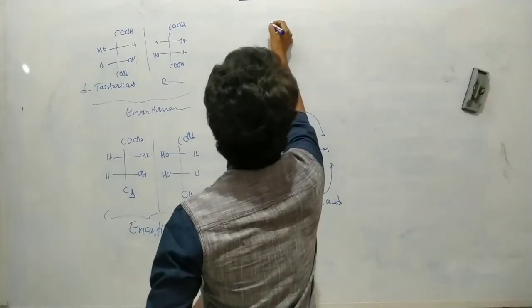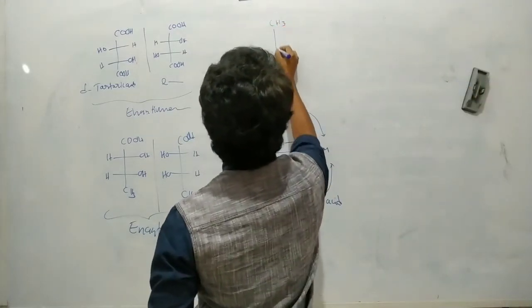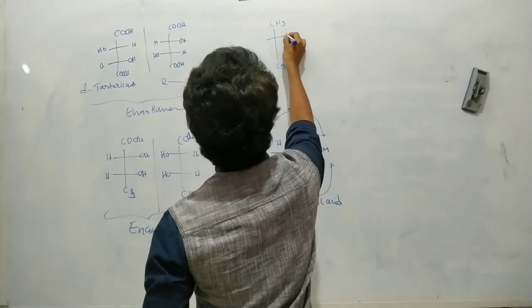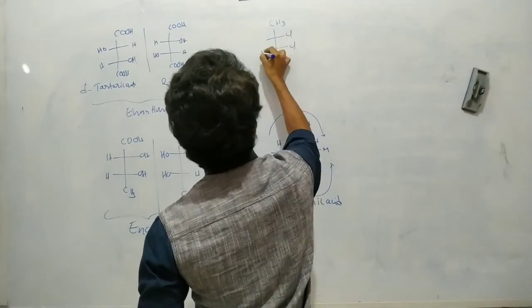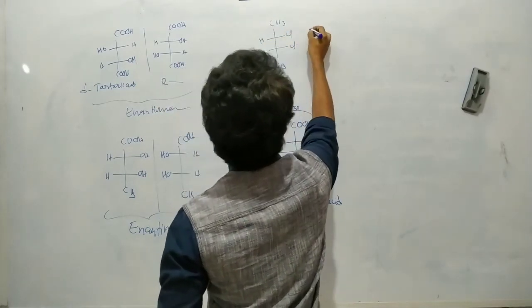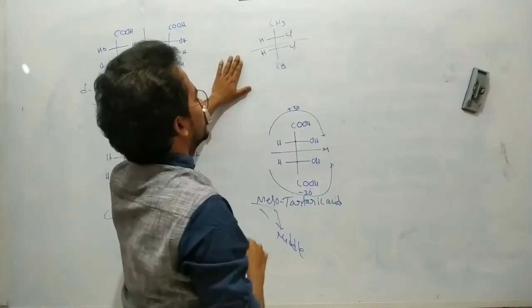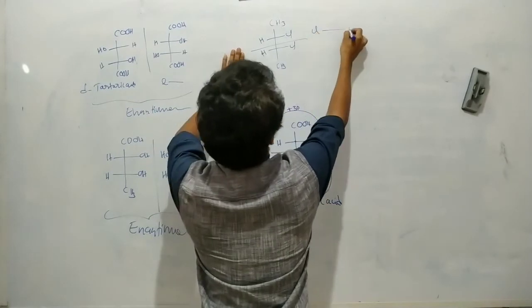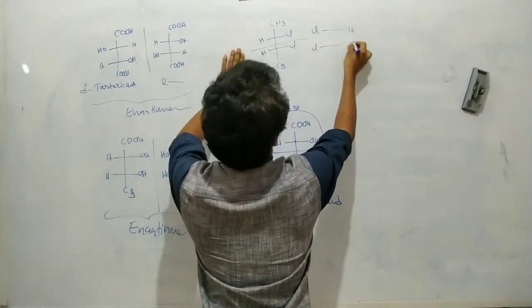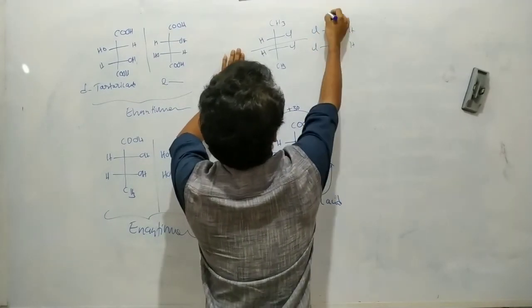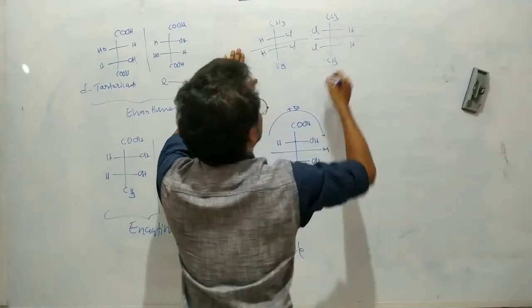Suppose you can see here CH3 and CH3, this is chlorine and this is chlorine, hydrogen, this hydrogen. Now this compound is optically inactive. Let us take the mirror image of this compound: Cl, hydrogen, and CH3 and CH3. Now this one has a plane of symmetry.